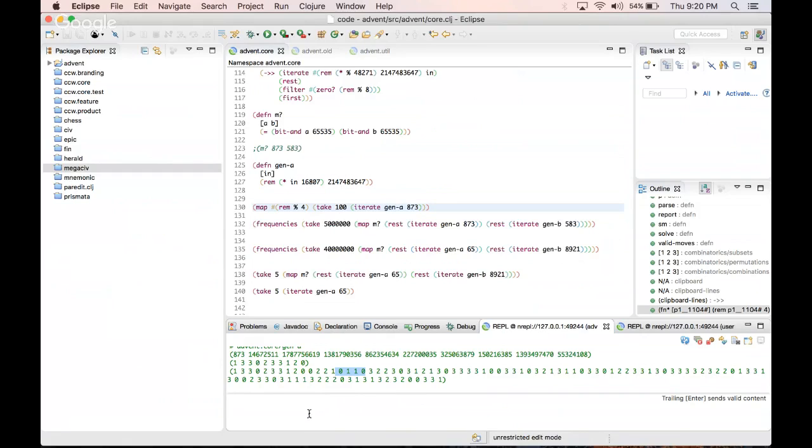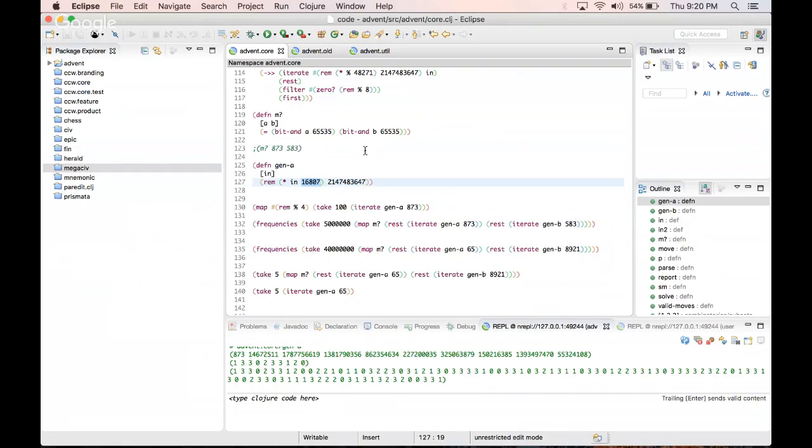Well, maybe this is some kind of pseudo-random number generator. Yeah, that's interesting. I was kind of predicting that if these two numbers were like, okay, I think I see what's going on. I think it's the fact that this number here is so much larger than this.